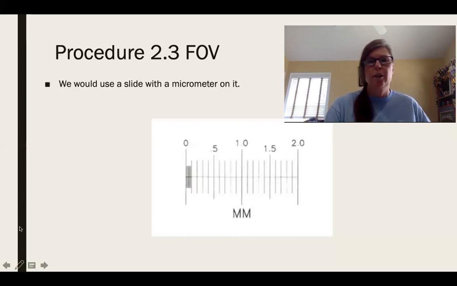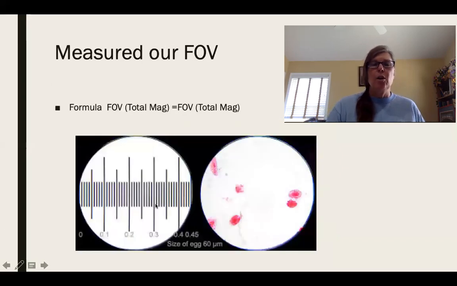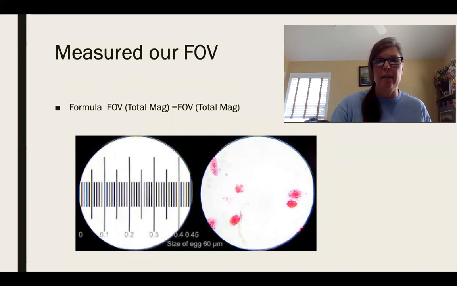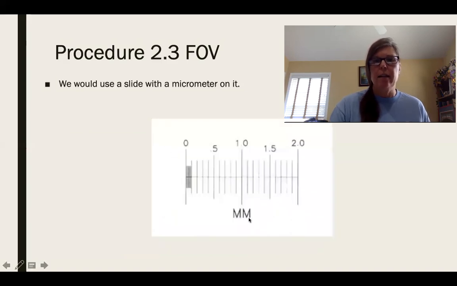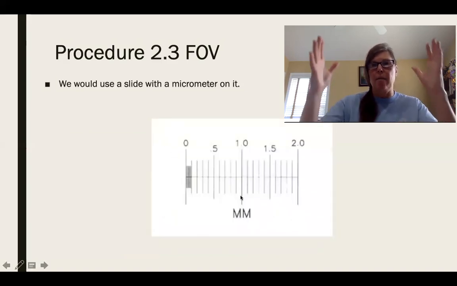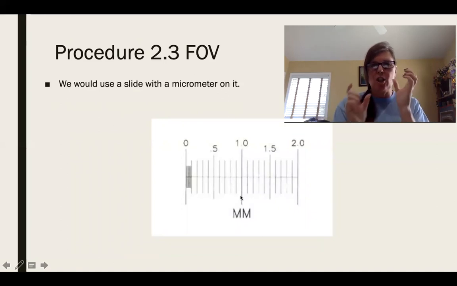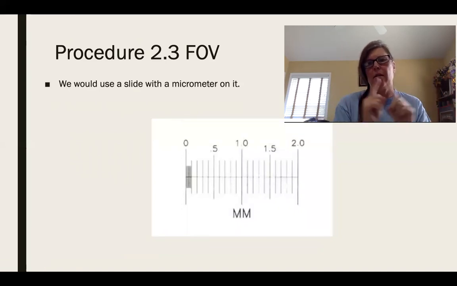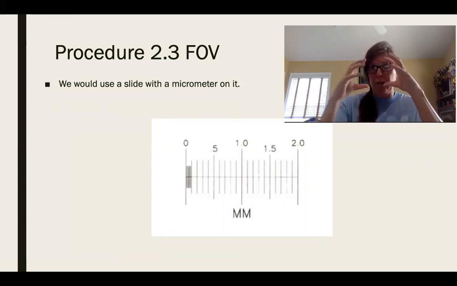Now, what we would have noticed is that I always call this the Goldilocks syndrome. So you put the ruler and you start again with your scanning. And what you would have gotten is like this. If I was to look at this little ruler on my whole screen, it's too small. I can't measure my screen size. So if we put it on the scanning, we'd have been able to find it, center it, and focus it, but it would have been too small to measure your field of view.